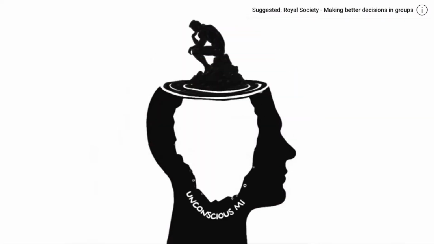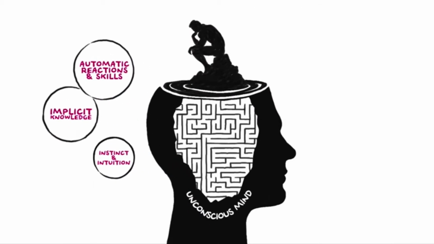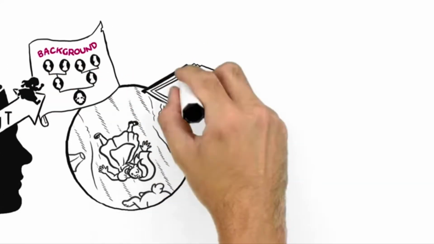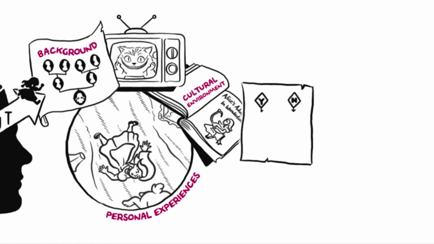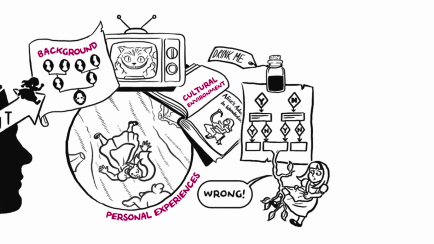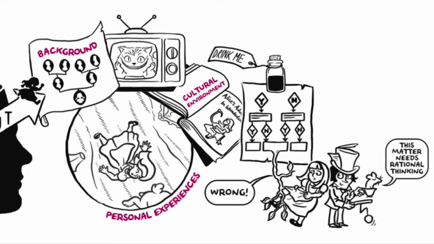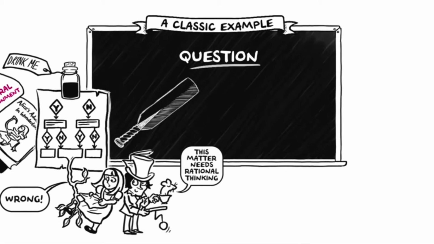The unconscious mind is amazing. It can process vastly more information than our conscious mind by using shortcuts based on our background, cultural environment, and personal experiences to make almost instantaneous decisions about everything around us. The snag is, it's wrong quite a lot of the time, especially on matters that need rational thinking. Here's a classic example. A bat and a ball cost £1 10 pence.